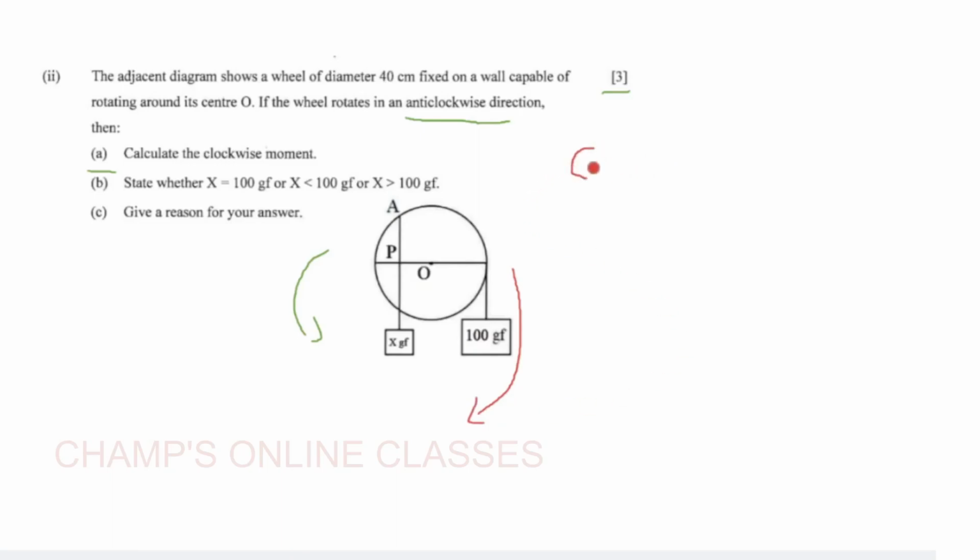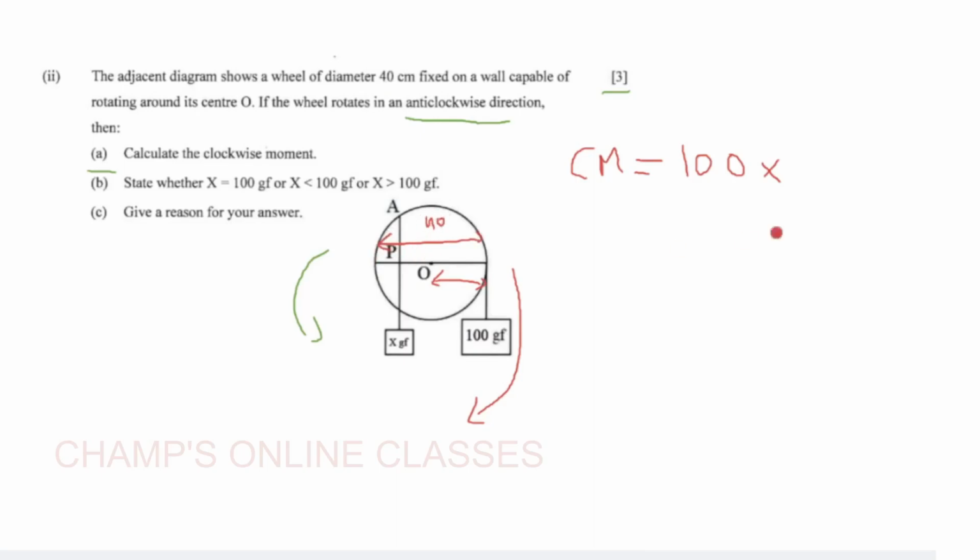So let's calculate that clockwise moment: this force, that is 100 gram, into this distance from O. We know the diameter is 40, from this to this is 40. So what will be the radius?